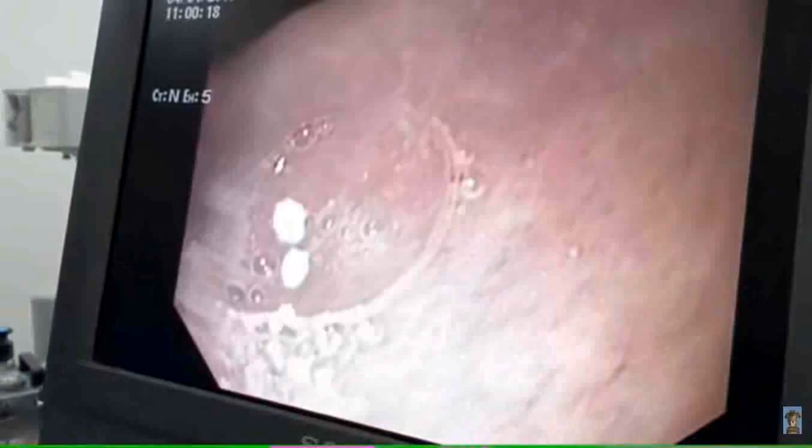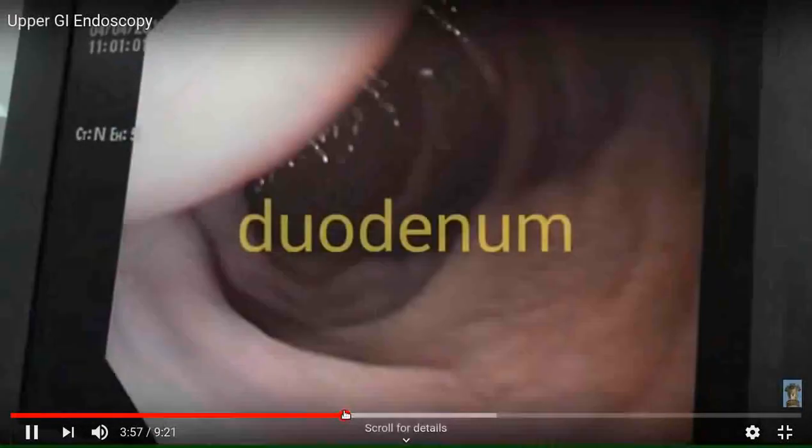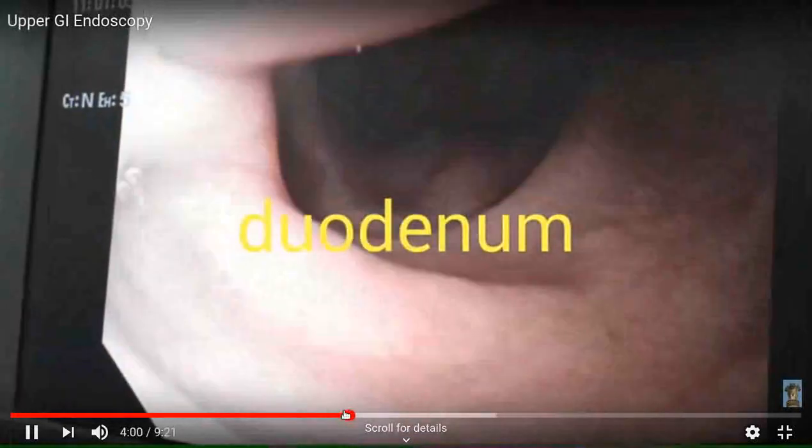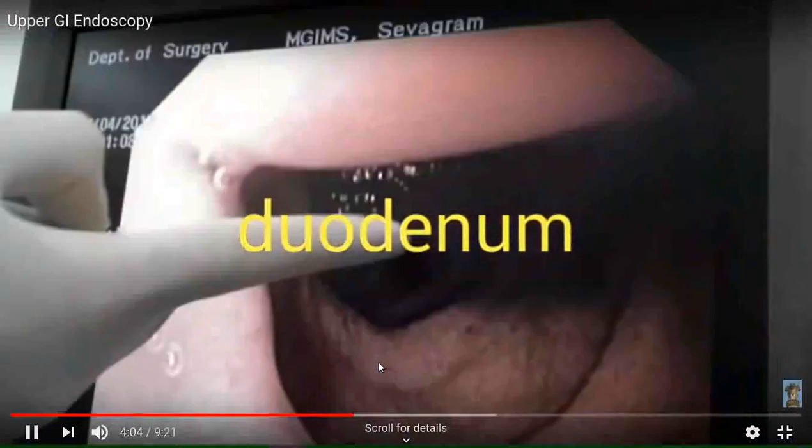Oh, this is the esophagus. You can see here on the screen that the areas will be changing.